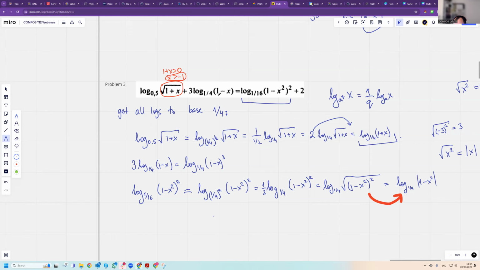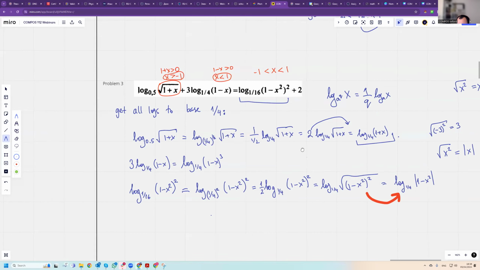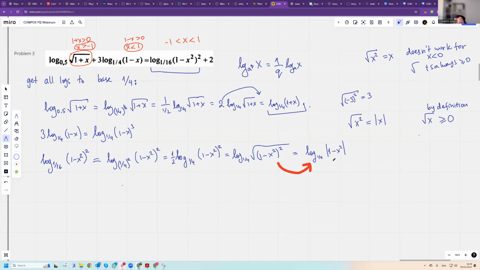Log is only defined for positive numbers. So that means 1 minus x has to be positive, and that means x has to be less than 1. Interesting. So overall, x can only take values between minus 1 and 1. And if x is between minus 1 and 1, what does that tell you about 1 minus x squared?